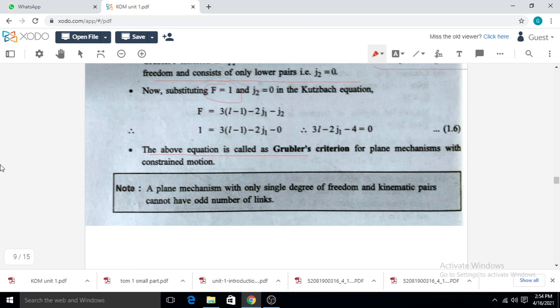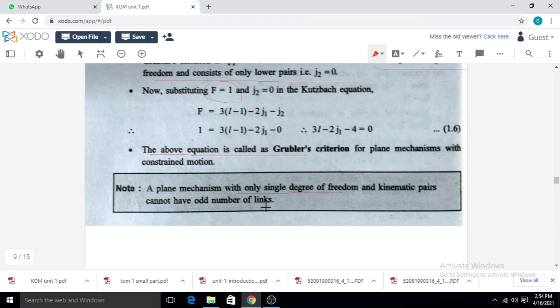Okay, here they gave one note: a plane mechanism with only a single degree of freedom and kinematic pairs cannot have an odd number of links.